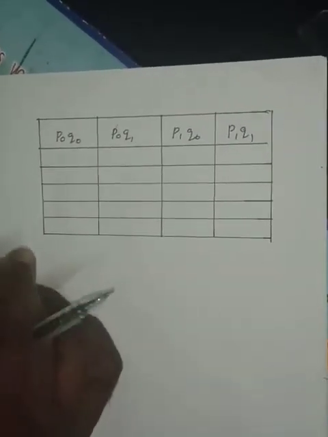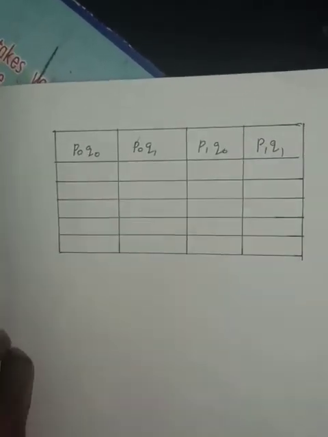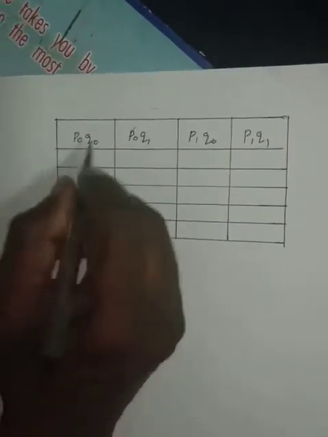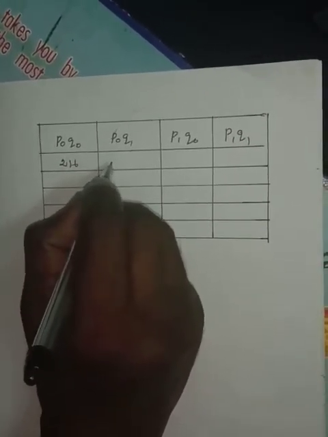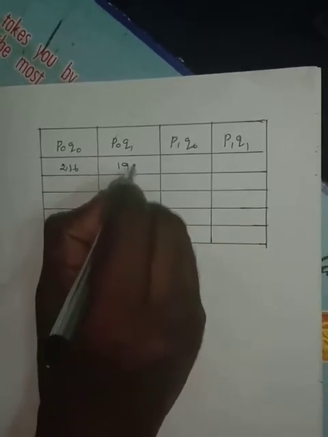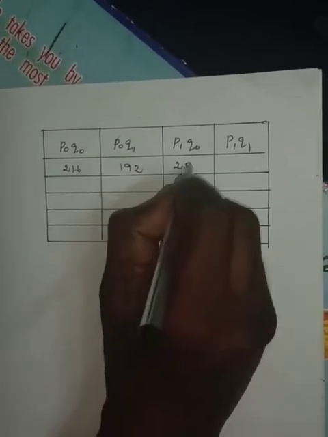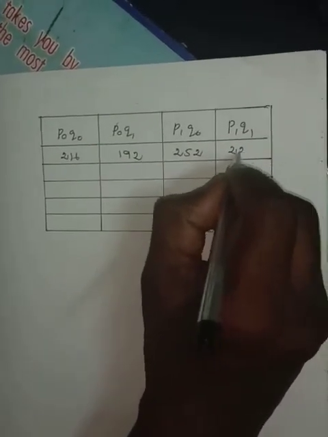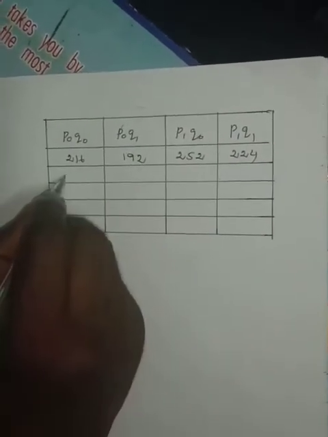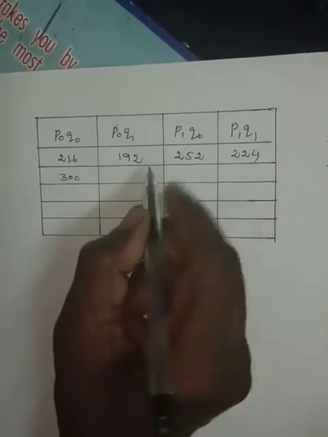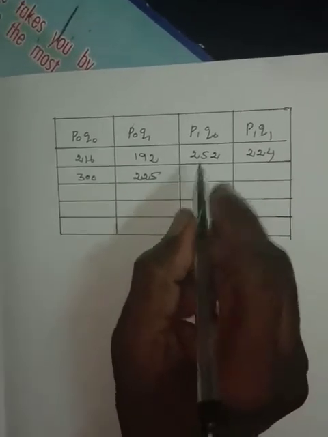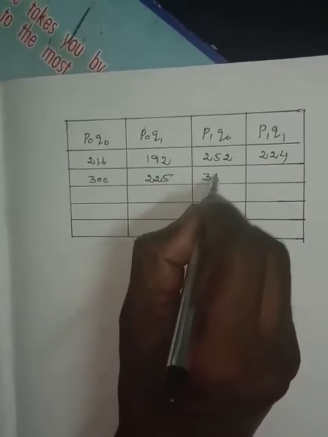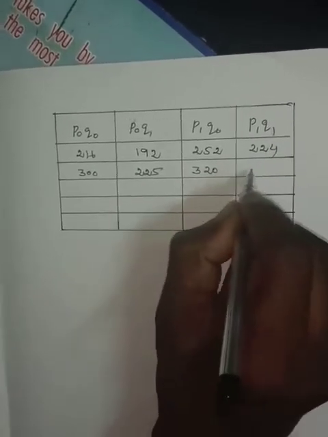P naught Q naught is 216. Next, commodity A, P naught Q1 is 192, 252, 224, 300. Commodity B, 225, 320, 240.